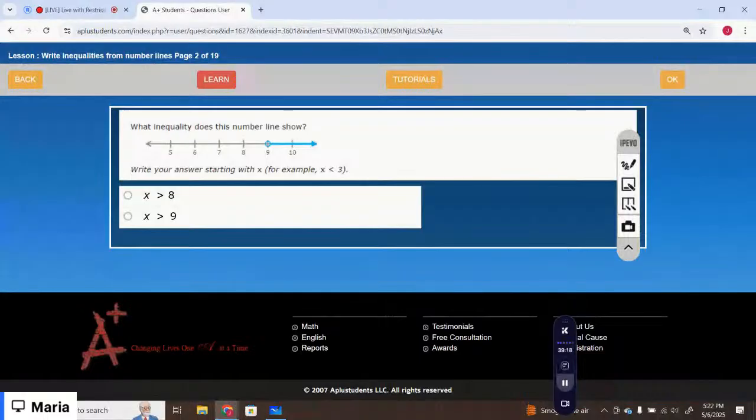What inequality does the number line show? X is greater than 8.